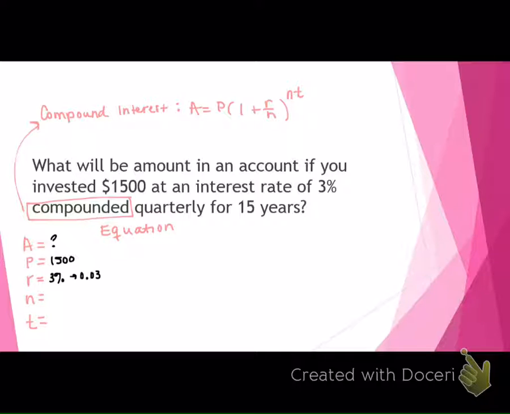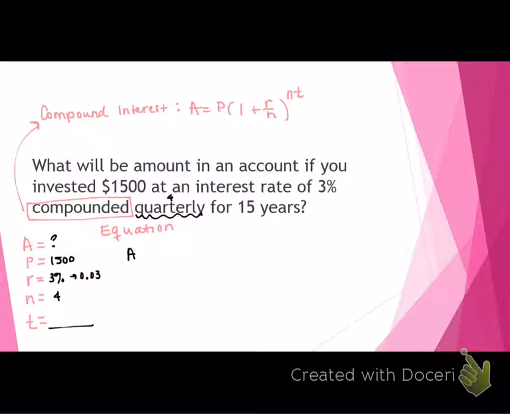Jacqueline, how many times is it compounded in a year? Be careful. Look for the word after compounded. What does the word after compounded say? What'd you say? Quarterly, which means 4. Very good. So N is 4. And then T is what we'll plug into when we get there.